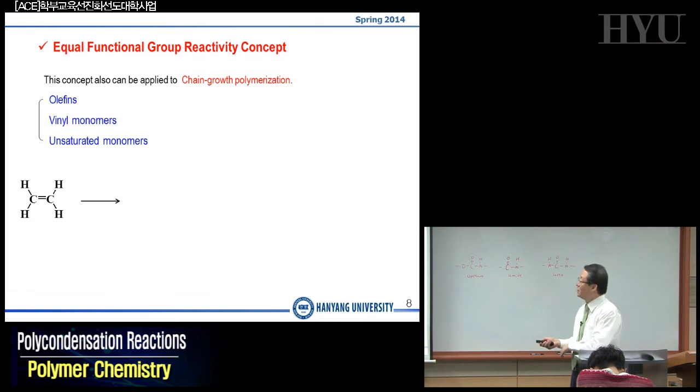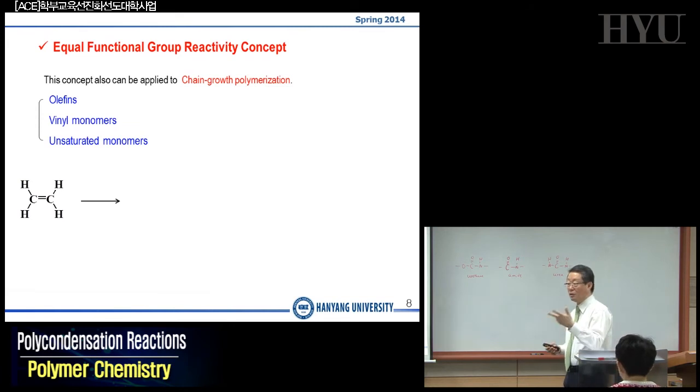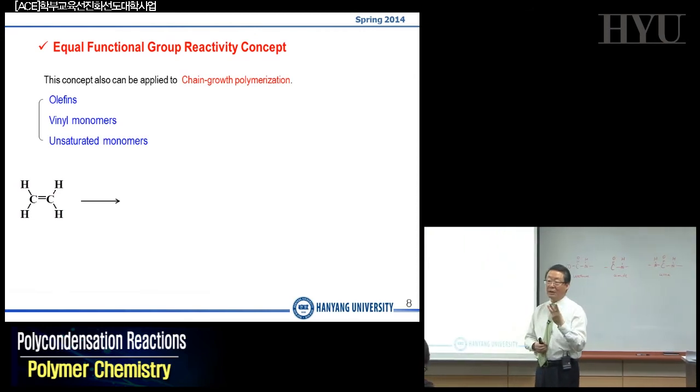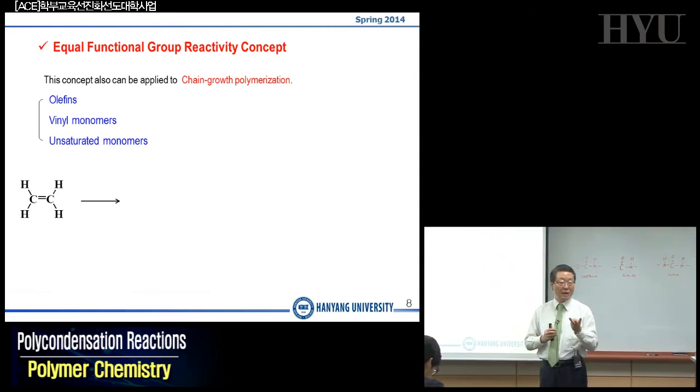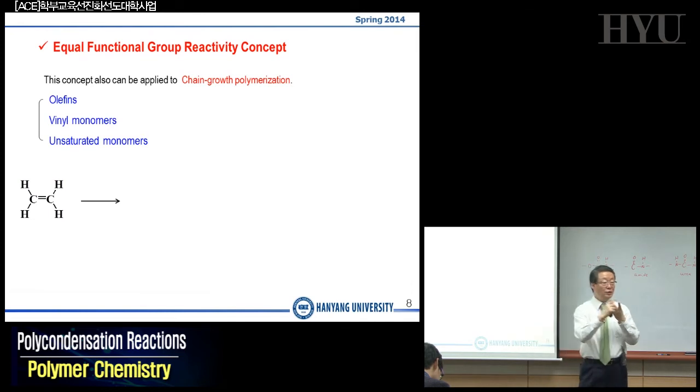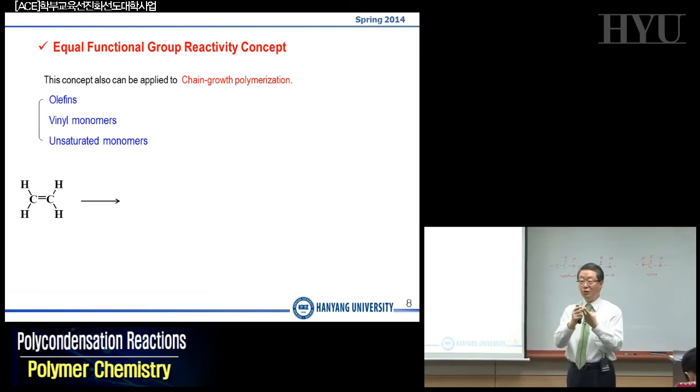In this case, the ethylene will first meet with the initiator, okay? In chain-growth polymerization reactions, there are three very important steps. I think you'll learn these steps in your organic chemistry course. What are those three very important steps? Initiation, propagation, and termination, right? So the initiation requires an initiator.